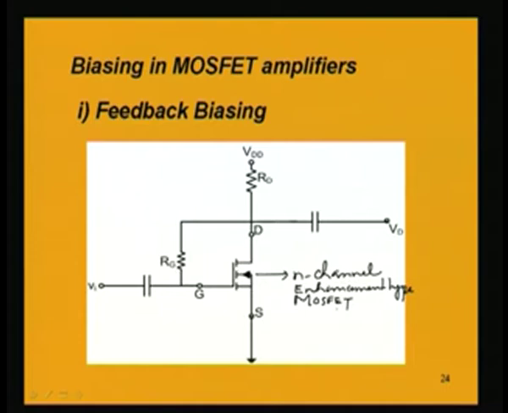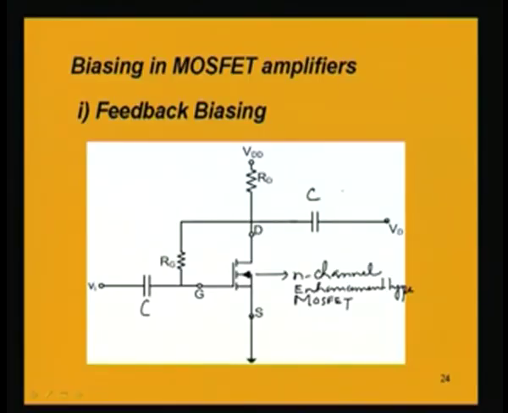This is the amplifier circuit. It is having the DC biasing as well as it is employing a small signal which is to be amplified. So, feedback biasing means at the drain end we are having a resistance RG to the gate. Now, there are capacitances. The reason for applying these capacitances is that we want to block the DC from the AC, because we want to get the amplified AC output and we do not want it to be corrupted by the DC signal.